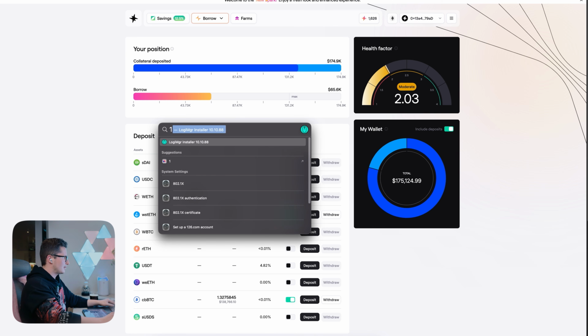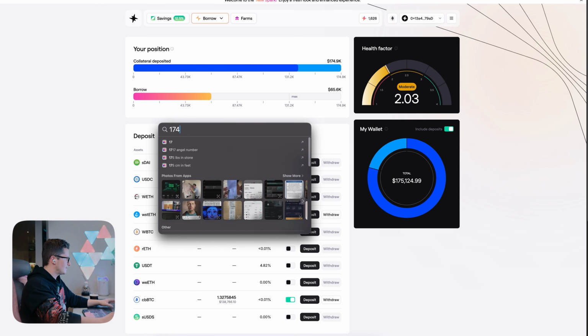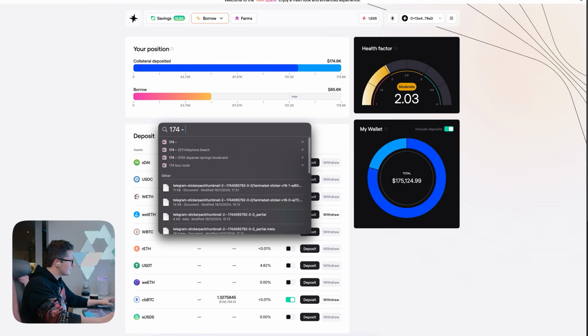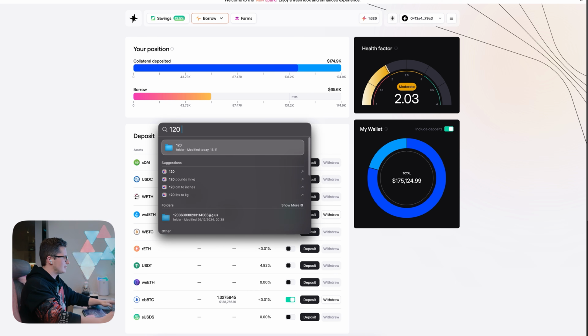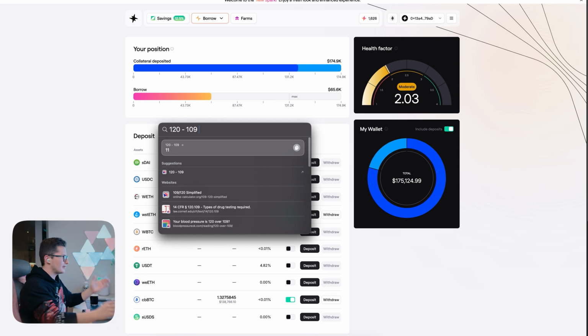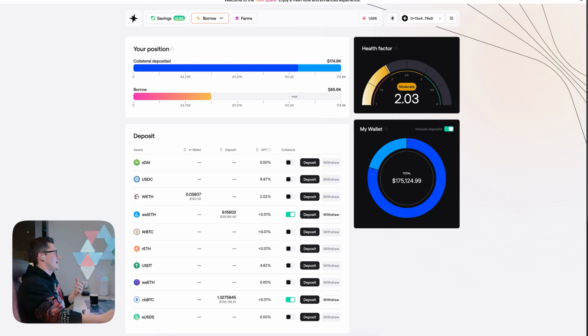If we calculate the difference, 174 minus 65, we have 109. So actually my car cost me not 60K; my car cost me 120 minus 109, 11K. So I bought a car 6 times cheaper. That's why we need to use lending protocols.